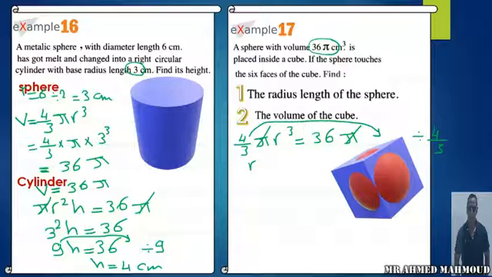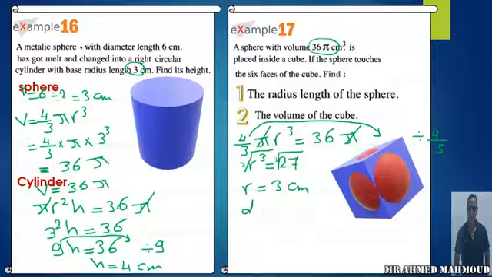Then r cubed equals 27. By taking the cubic root on both sides, then r equals 3 centimeters. Now I find the radius length of the sphere equals 3 centimeters.